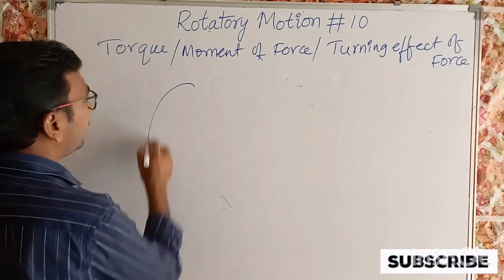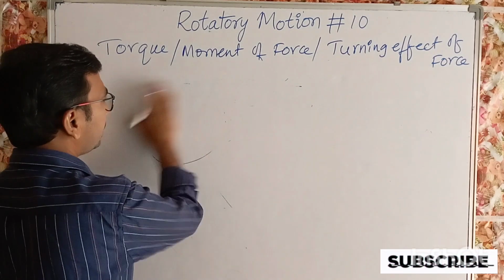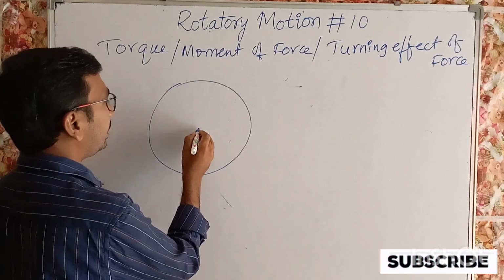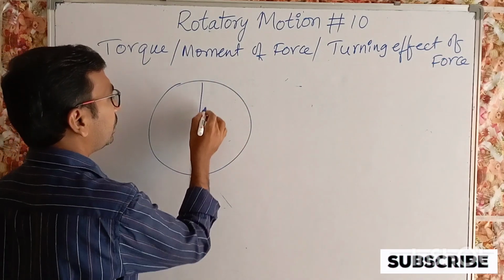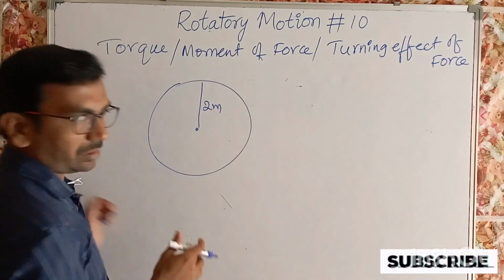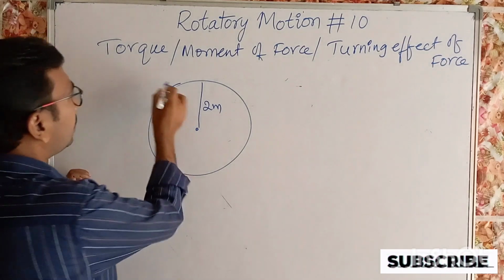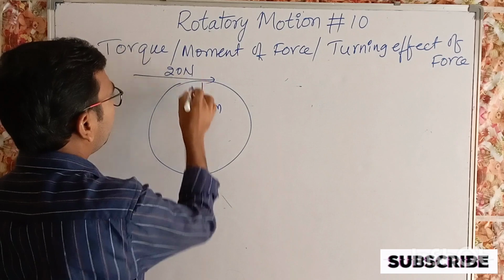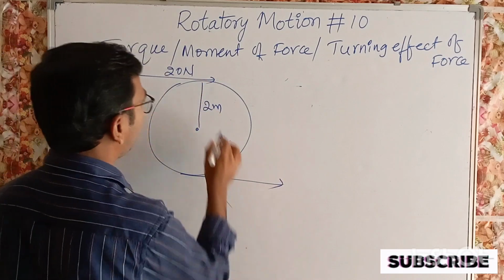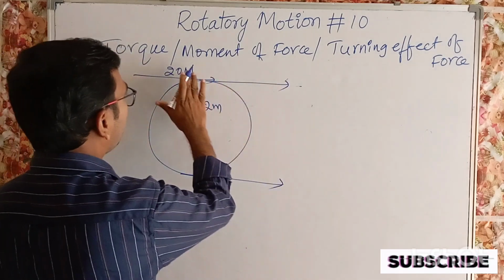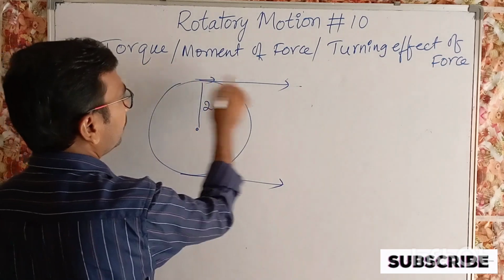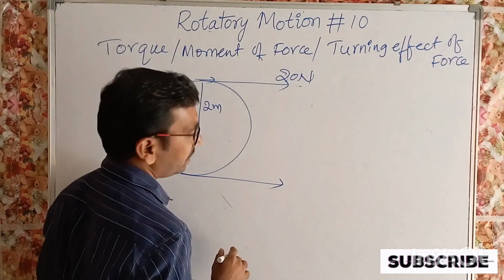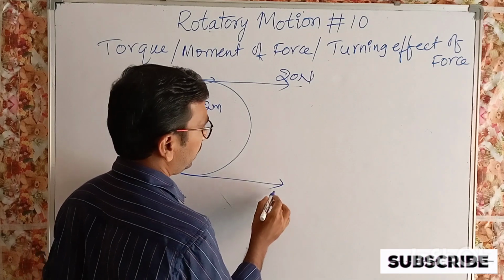I will consider a disc of radius 2 meters. Here a tangential force of 20 newtons acts like that, and one more tangential force acts downwards here, 10 newtons.